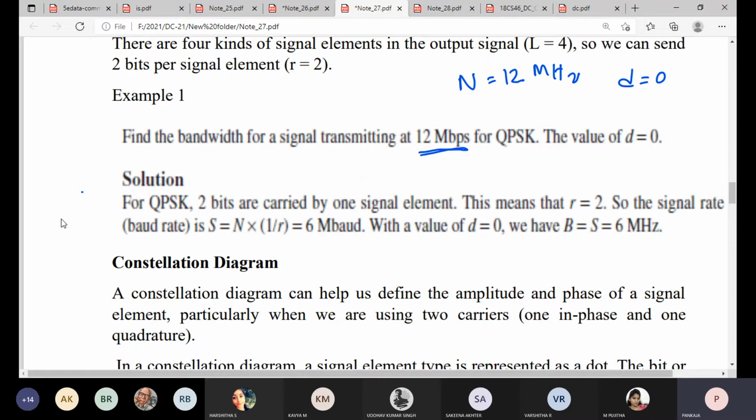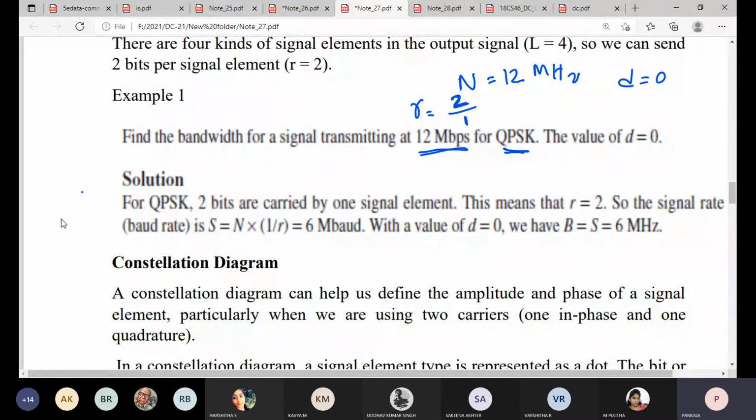Here, from this QPSK, you need to understand how many data elements are carried by how many signal elements. You can easily calculate. QPSK stands for two data elements carried by one signal element.